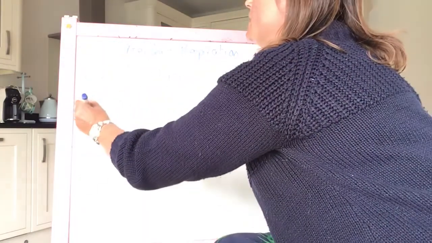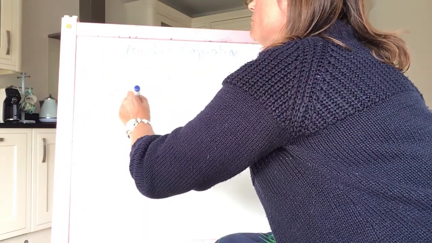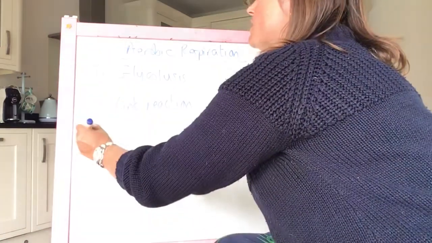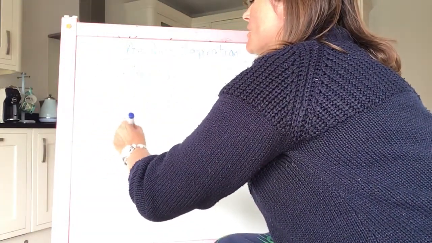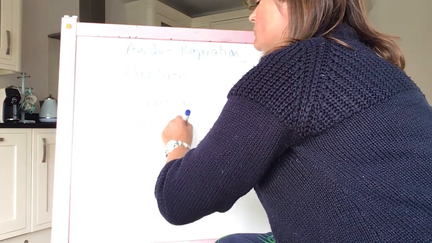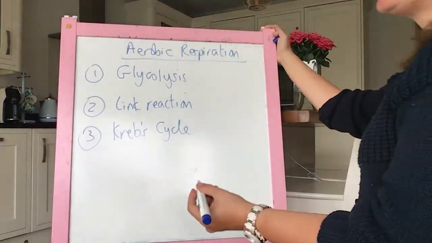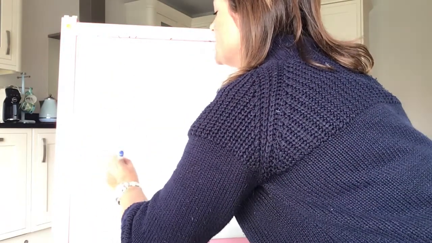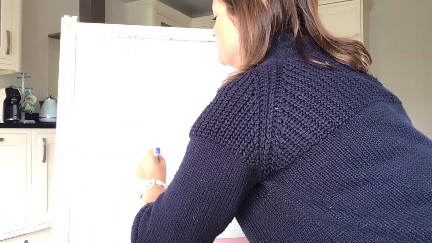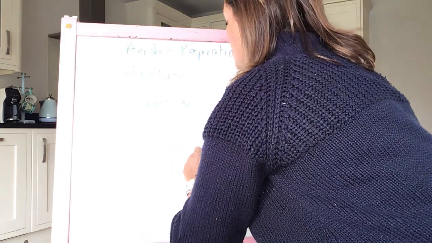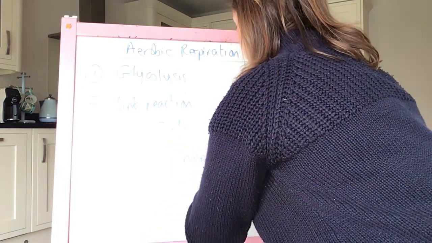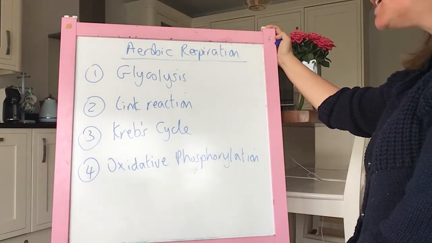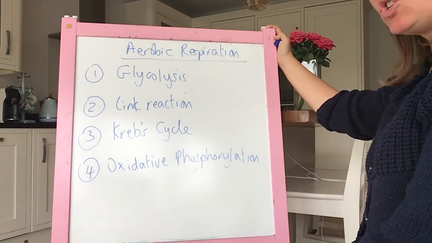The next one is known as the link reaction. The third one is known as the Krebs cycle. And the fourth one, it sounds really scary, but don't worry. All right. Oxidative phosphorylation. Now, oxidative phosphorylation is broken up into 2 stages.